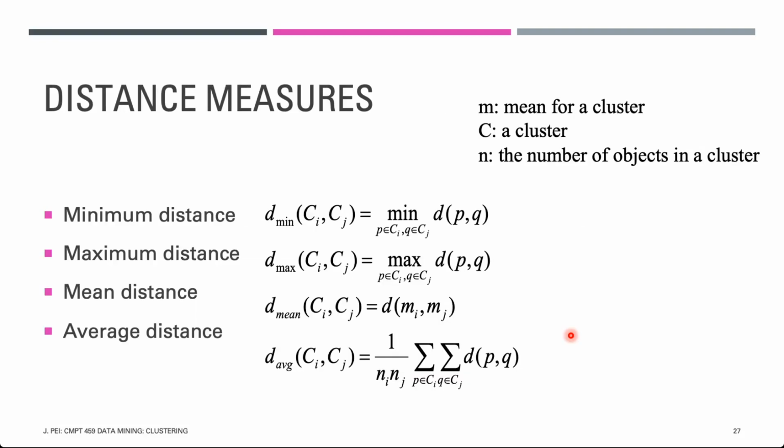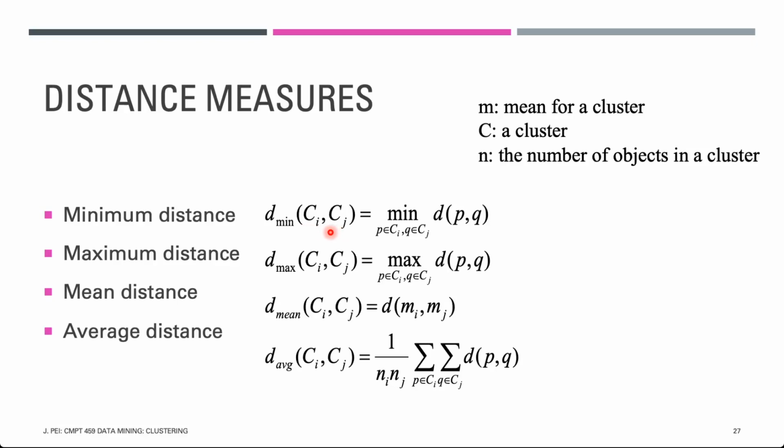Now, one important issue is how we can measure the distance or the similarity between two clusters. There are different approaches we may consider. For example, we may use the minimum distance. Essentially, we have two clusters, Ci and Cj.